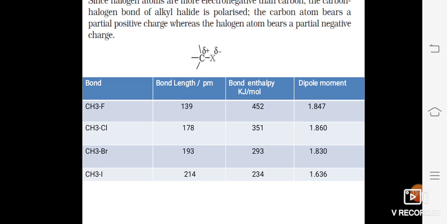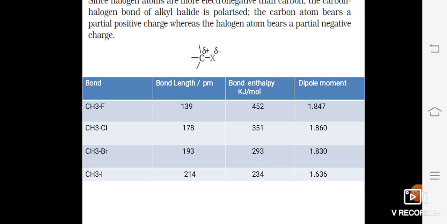And this table tells us that fluorine is small, and therefore the bond length is also very small, 139 picometers. Chlorine is much larger, bromine even larger, and iodine is the largest. And the bond energy therefore decreases. If the bond length is small, we need more energy to break it since the electrons are closer to the nucleus.